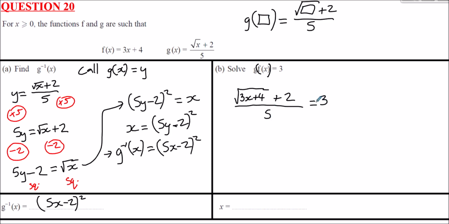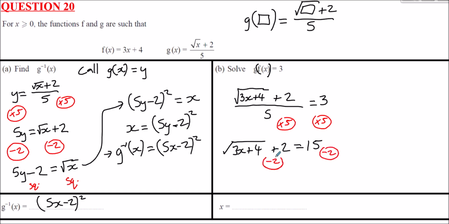So our task now is to solve this equation. So first step, we can multiply both sides by 5 to get rid of the fraction. That then gives us that we've got the square root of 3x plus 4 plus 2 equals 3 times 5, which is 15. I can now take away 2 from both sides to isolate this square root.